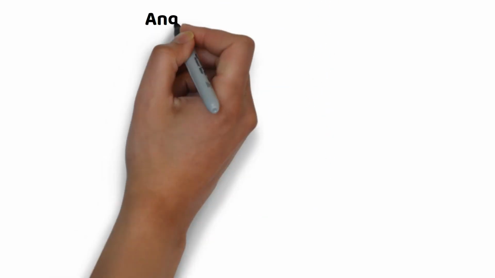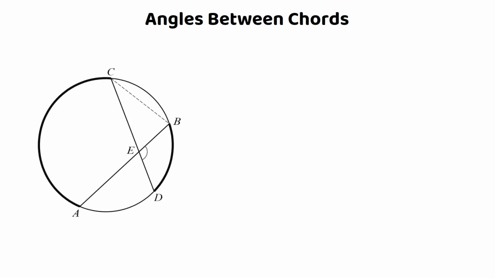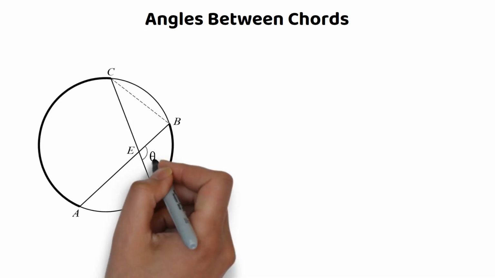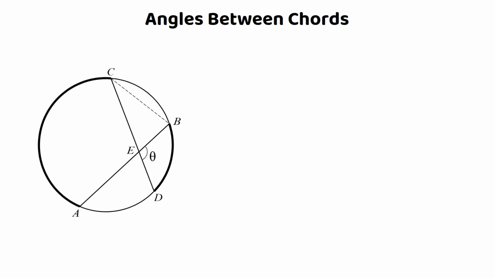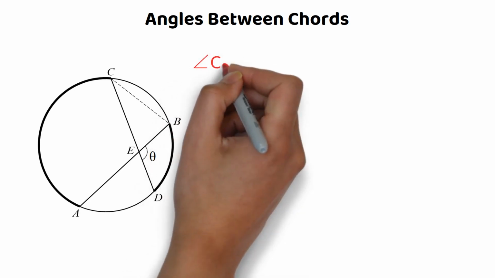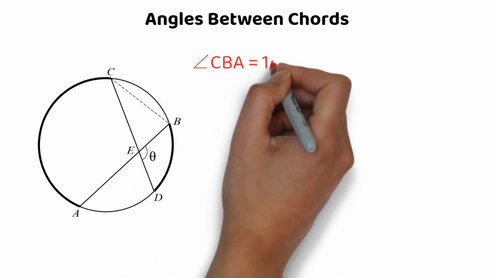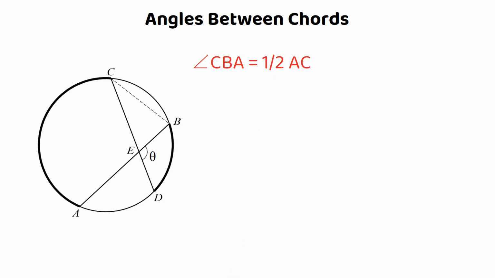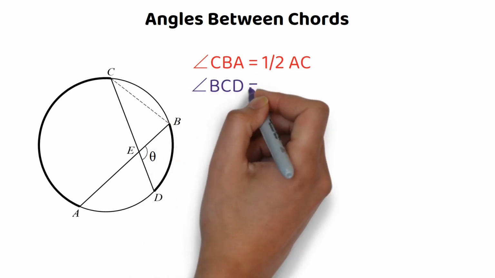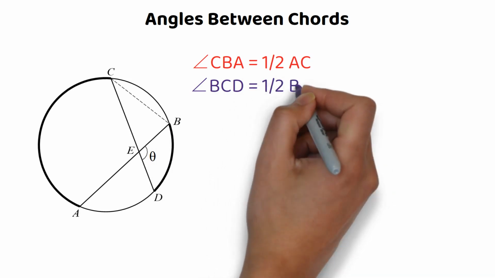Angles between chords. Suppose that two chords intersect, not on the circle, which is an inscribed angle, but somewhere inside the circle. We can find the angle they produce by the arcs they generate. From the picture, the inscribed angle theorem, we have that angle CBA is 1/2 of the arc of AC, and angle BCD is 1/2 of the arc BD.